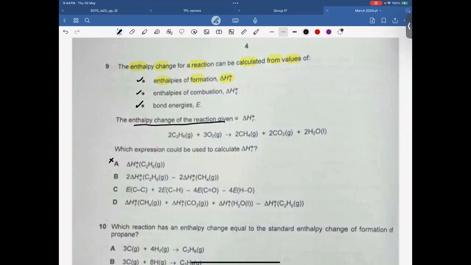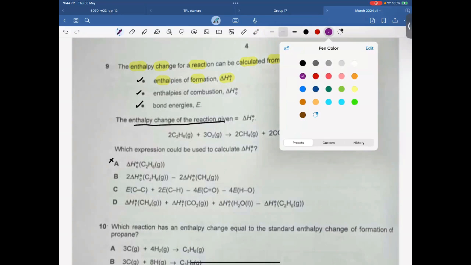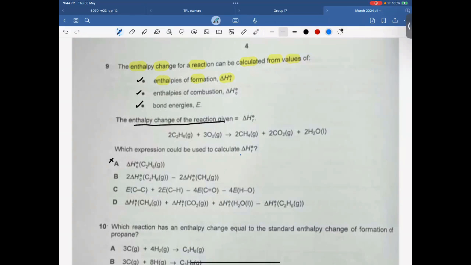So what we can do is we can make the equation again. That is C2H6 plus 3 O2, then 2 methane molecules, then 2 moles of carbon dioxide, and 2 moles of water.